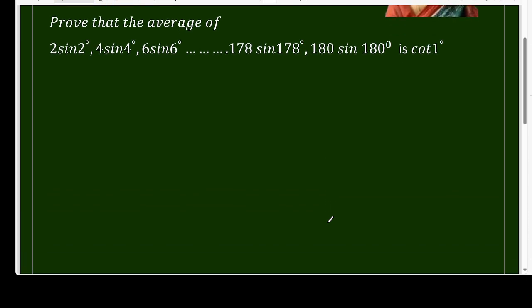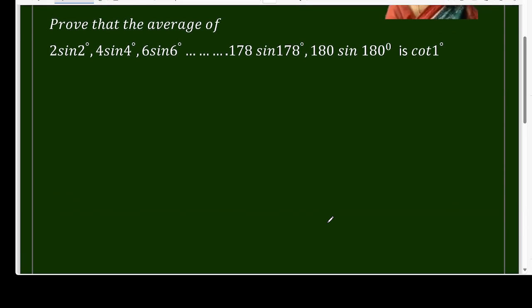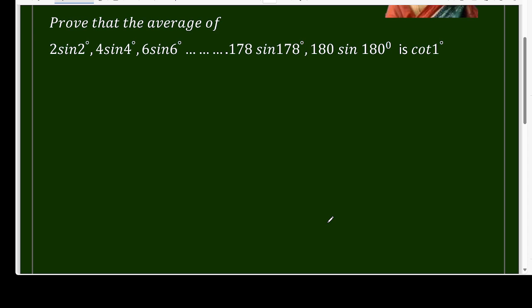So this is a very interesting question. Immediately you must think that sine 180 is 0, but when we are calculating the average, the result is not 0. So let us proceed.